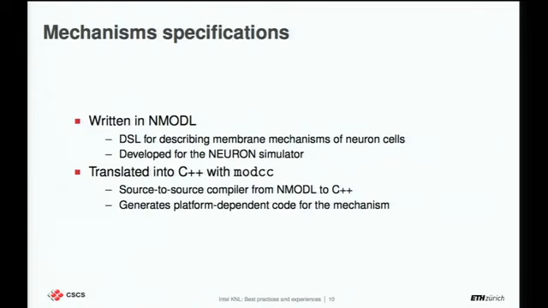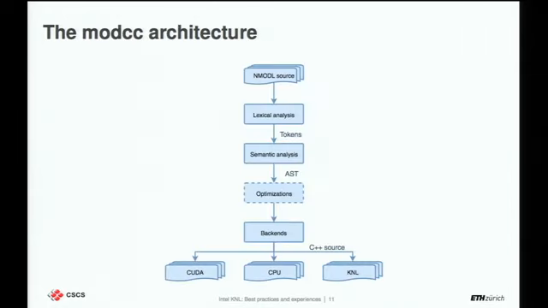For that reason, we have built a source-to-source compiler that reads this language and then produces C++ code that integrates with the rest of the framework. And as I said, we have different backends. So the architecture of this compiler is like that of a typical simplified compiler.